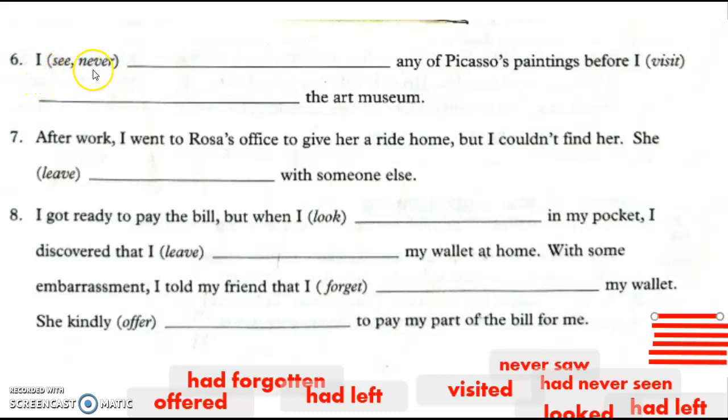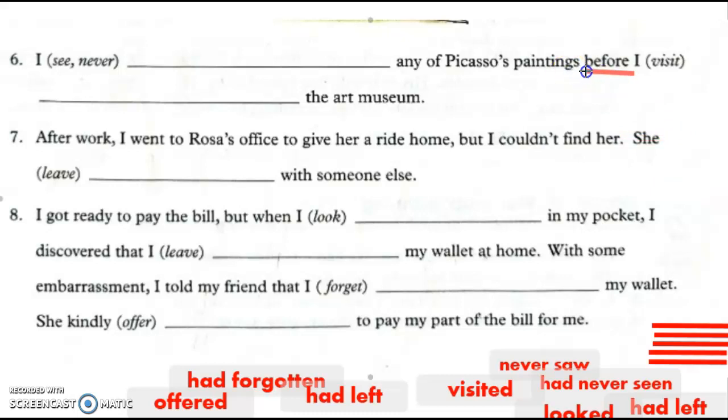I see never any of Picasso's paintings before I visit the art museum. First of all, you have the verb see and the verb visit. Which one do you think happened before? Which one is the oldest verb? Let's look for the expression of time that will help us guess.